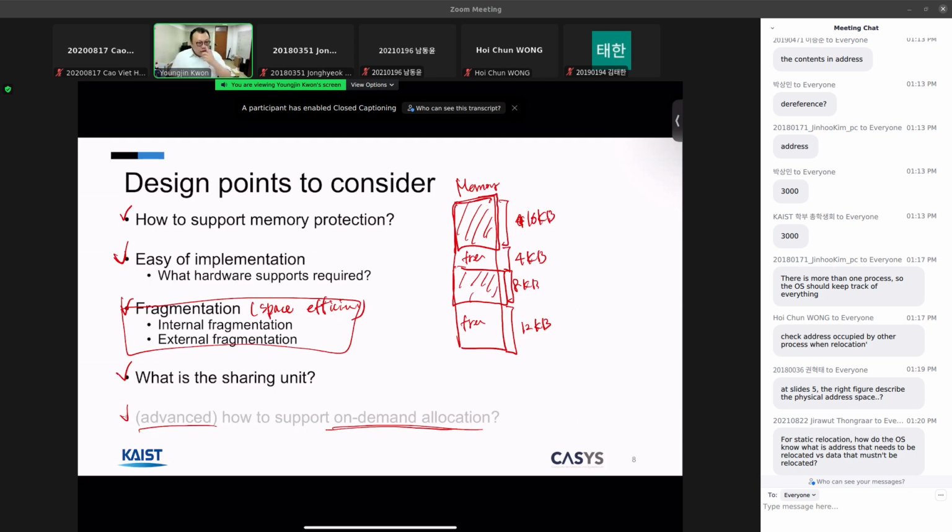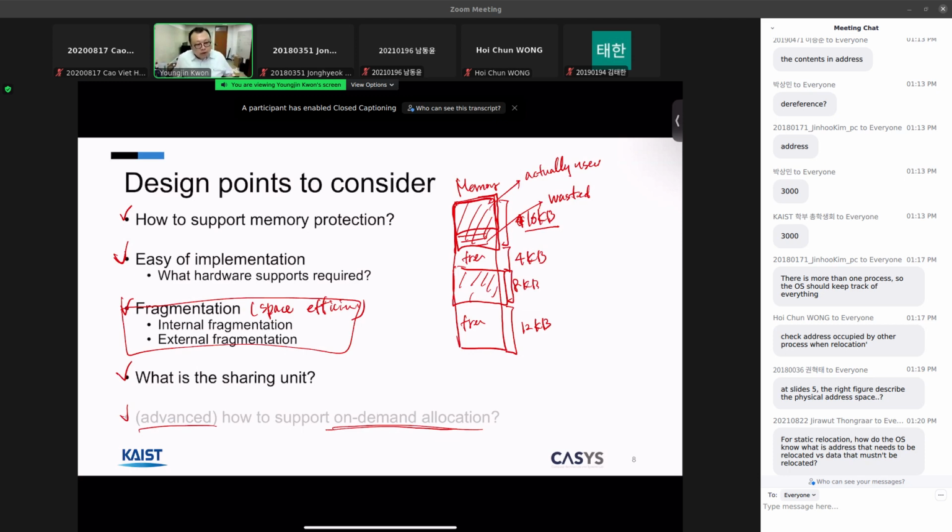However, in some applications, even if the operating system gives 16 kilobytes, only this part is actually used. This one is wasted. What am I talking about?